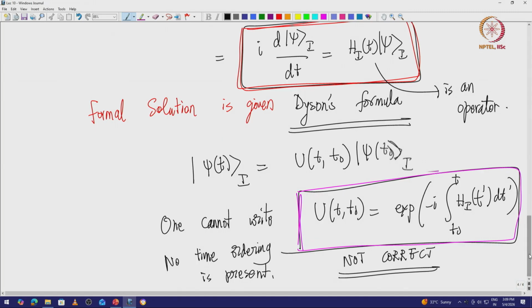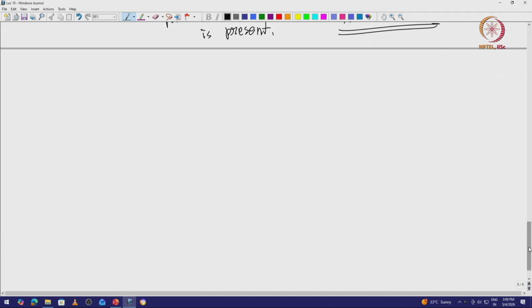Because you are evolving in time, because it is an operator, it is an exponential, it is a series essentially. So it is a series e power, to make it much more concrete.